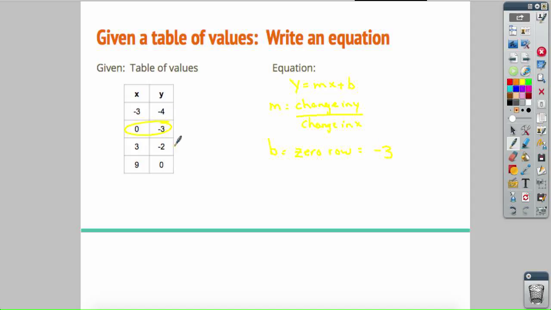For my change in y over my change in x, this time I'm adding 2, and it doesn't matter which values I use on my graph because I'm going to be able to simplify this down and we will end up with the same thing at the end. 2 over 6 simplifies down to 1 over 3. And so when I write my equation, I should have y equals 1/3 x plus negative 3, or you could just have y equals 1/3 x minus 3. Either way, you're going to be just fine.